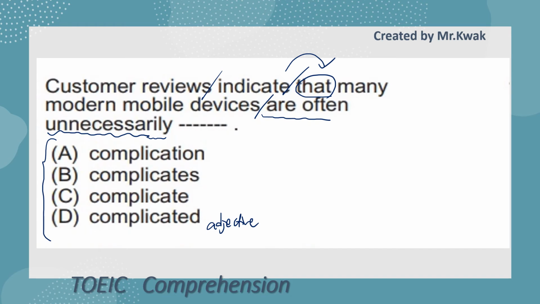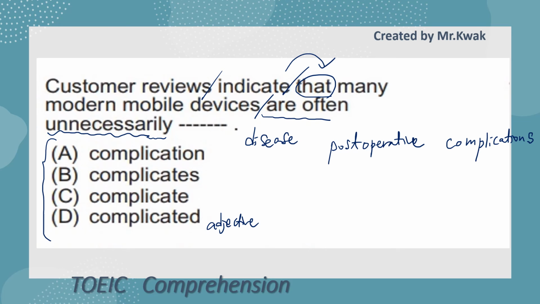Complication is normally used for disease, for example, post-operative complication, or complications, which means after getting a surgical operation, you can have some side effects. In that case, we can literally describe that symptom or situation as complications.